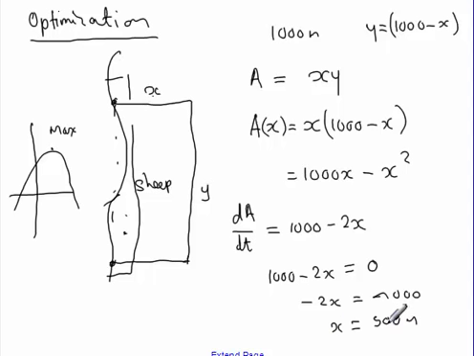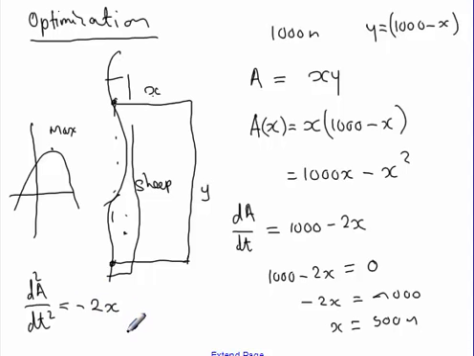Now, we know that at 500 there's a turning point, but we don't know whether it's a maximum or minimum. So what are we going to do now? We now need to do the second derivative. I left my first derivative there clean. Then the second derivative, what is it going to be? Minus 2. Do you agree with me?